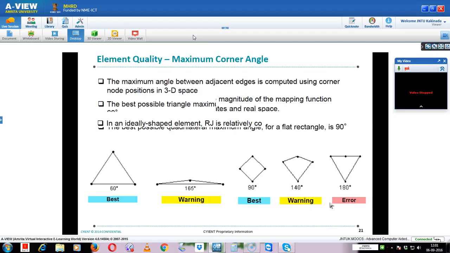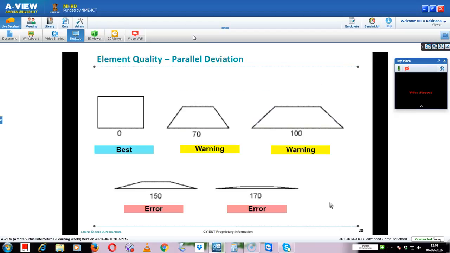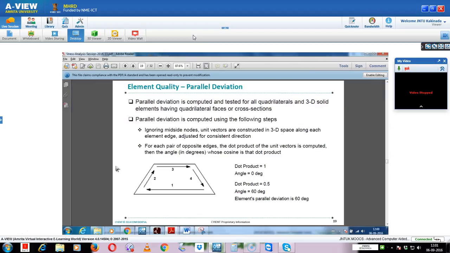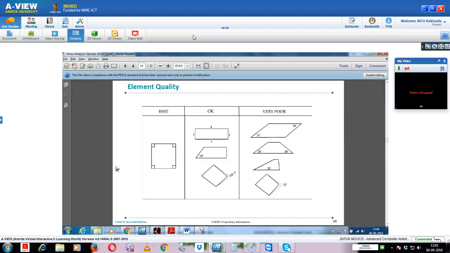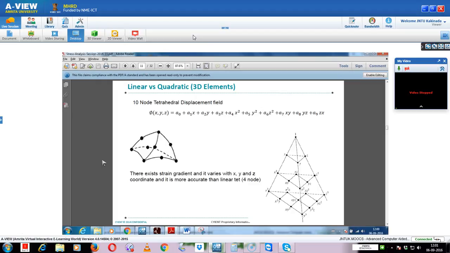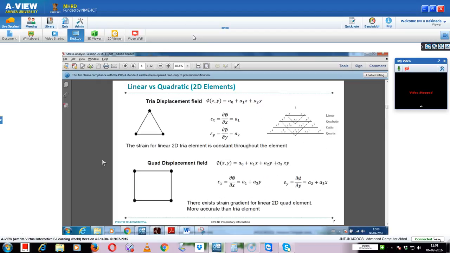We'll be looking into these things in the next session. Today's session is a very critical session because here you understood the difference between linear versus quadratic elements, and then we also discussed element quality.